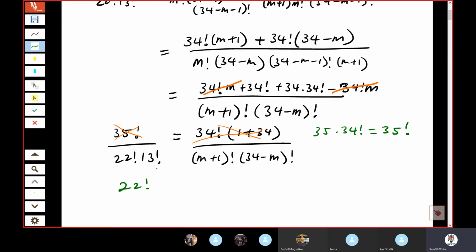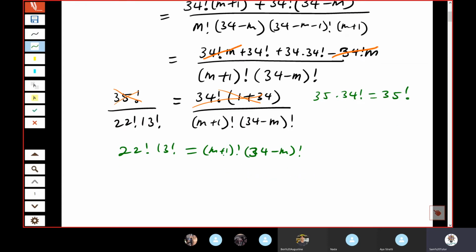You're pretty much left with 22, 13 must equal to m plus 1, 34 minus m. And the only way that happens is, let's just say, if m plus 1 equals 22, which is when m equals 21, or if 34 minus m equals 13, which is when m equals still 21.